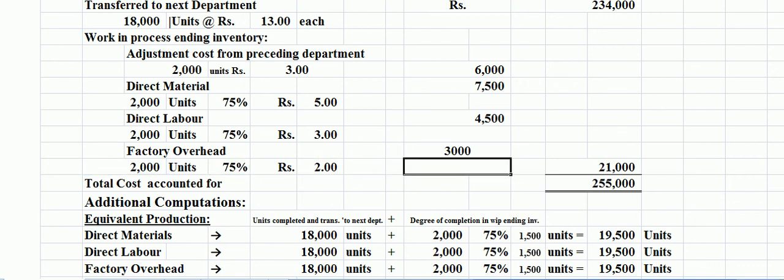Students, this is the factory overhead cost which is incurred on still in process units.